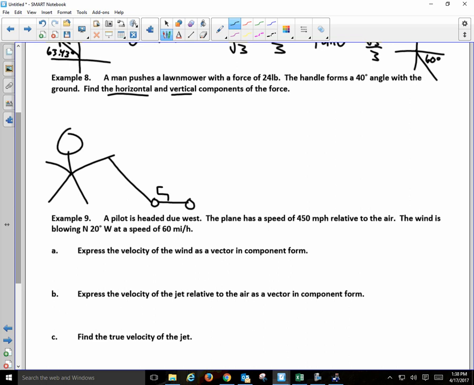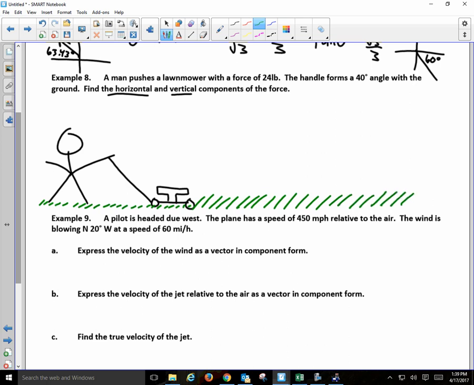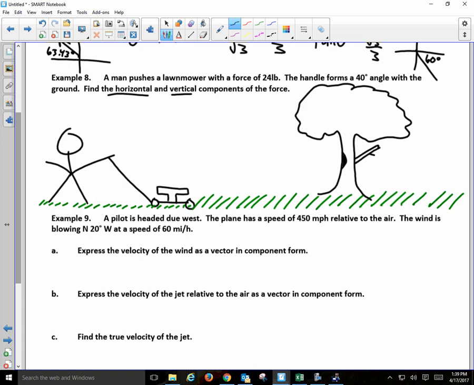Oh, he does not have a body. All sorts of leaves in the trees.